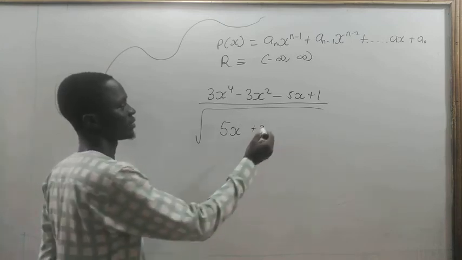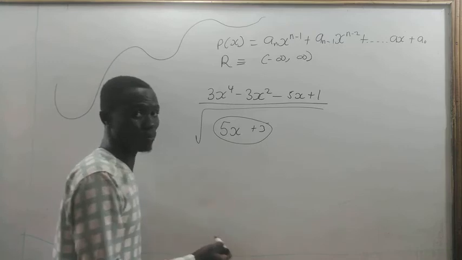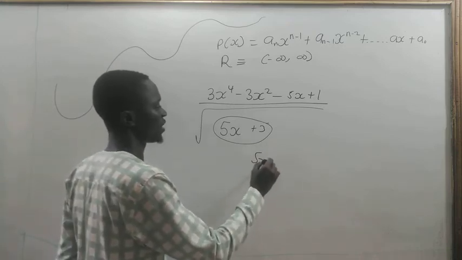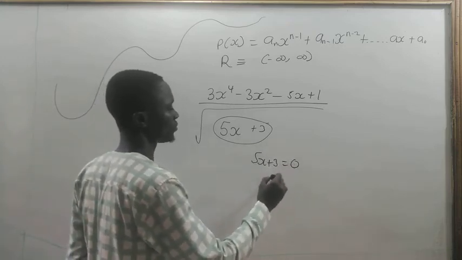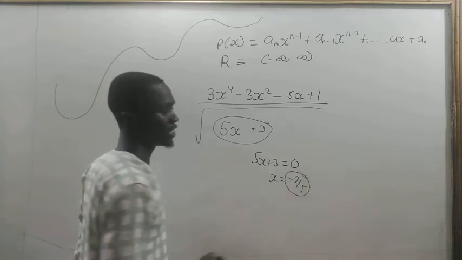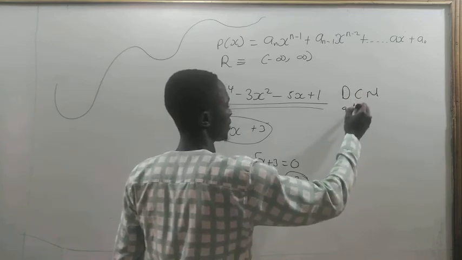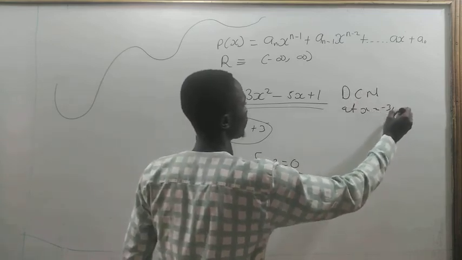Now you see that you can just equate this to 0. Let's do it and see. We go 5x plus 3 equal to 0, x equal to minus 3 on 5. So the function is discontinuous at x equal to minus 3 on 5.